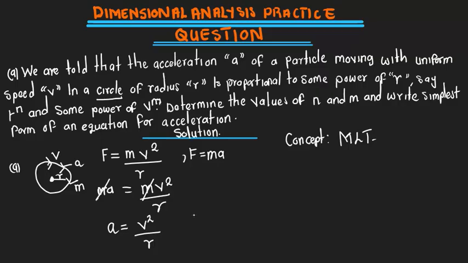So in this case, let's find the dimensional formulas. Acceleration, we know that the dimensions is L over T to the power 2. So in the MLT concept, it is going to be M, L, T. We do not have M, so it's going to be power 0.